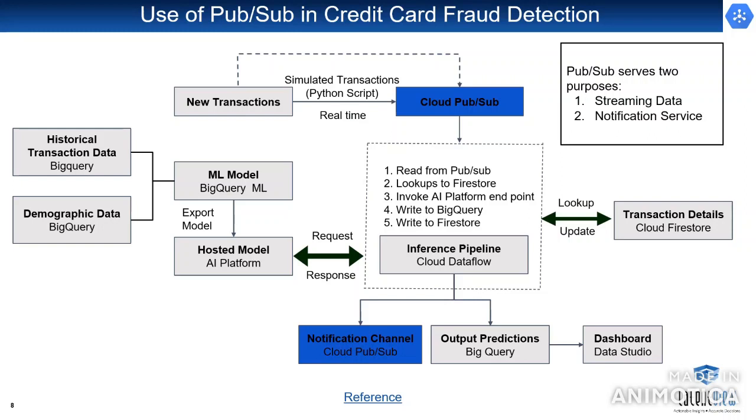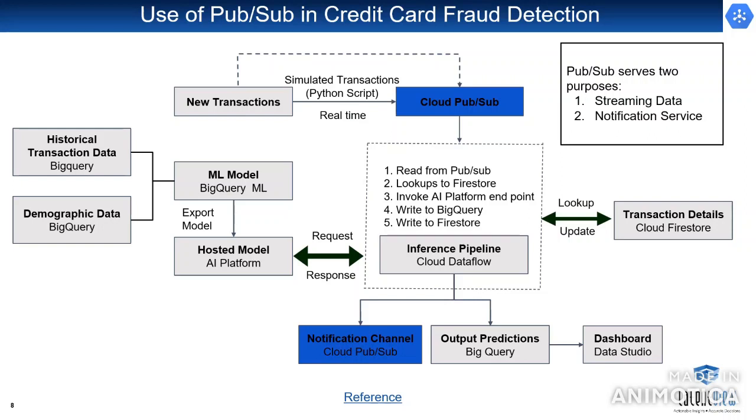And in case the transaction is predicted to be fraudulent, it will be further processed to the PubSub to notify the downstream channels, and it can be used to notify the customers and send an alert message asking the customers if they had made the transaction or not. If not, the transaction can be stopped immediately, and the internal team can freeze the transaction.